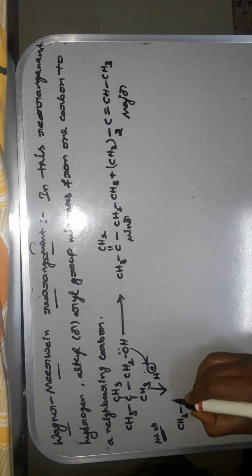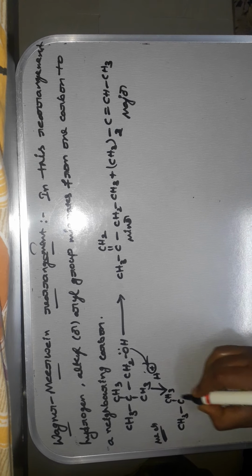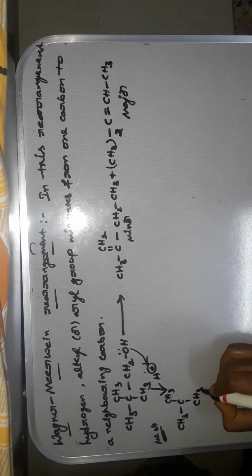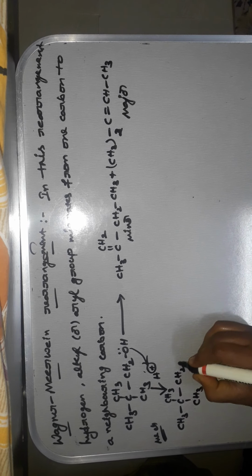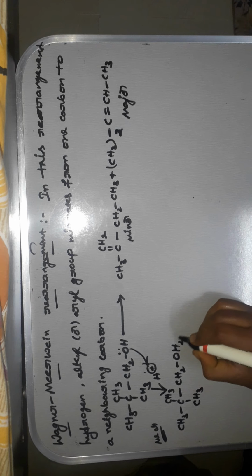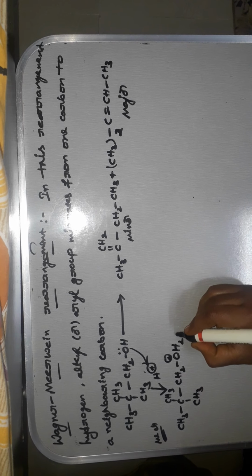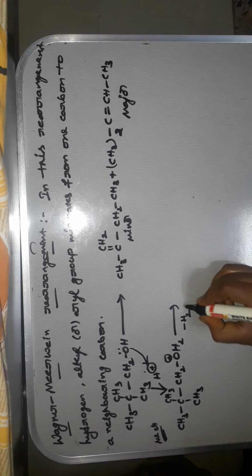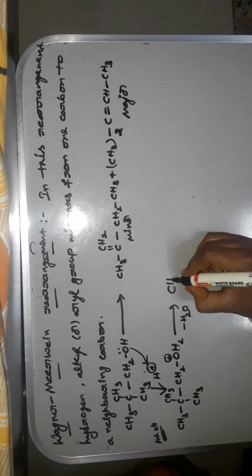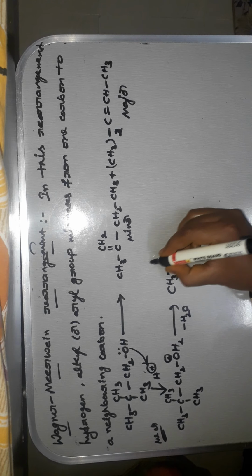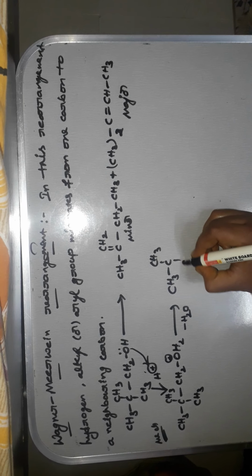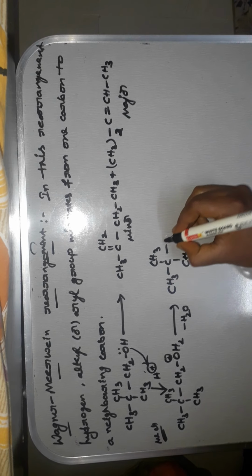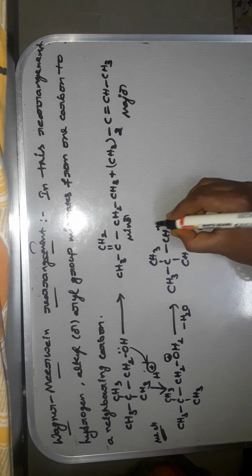This alcohol undergoes protonation to form a compound like this, CH2OH2 with positive charge. Next step, elimination of water molecule to form a carbocation like this.